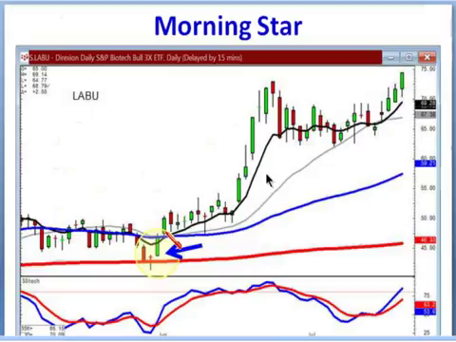KP, we have a chat room open every day. We usually have anywhere from 130 to 160 people in there. The benefit of the chat room is twofold. One, we've got a lot of traders in there that know how to find the good trade setups.